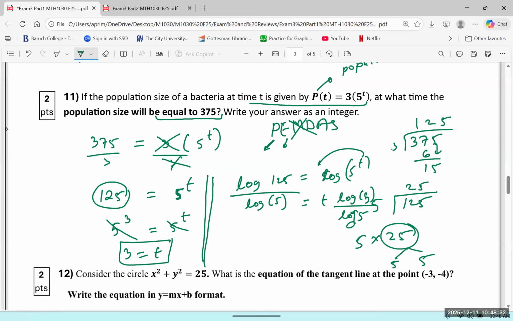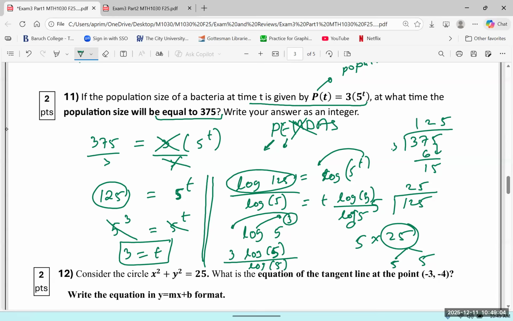If I want to cancel log of 5 from the denominator, we want to have log of 5 here. And we can have log of 5 with a power. So you have to rewrite 125 as 5 to the power 3. Why are we rewriting? Because log hates power. Anytime it sees a power, it brings it down as a coefficient. So you get 3 log of 5 on the top, and in the denominator you have log of 5.